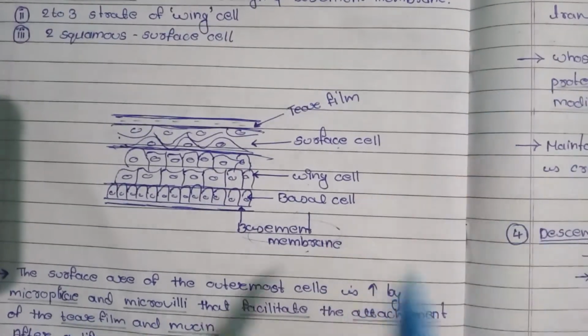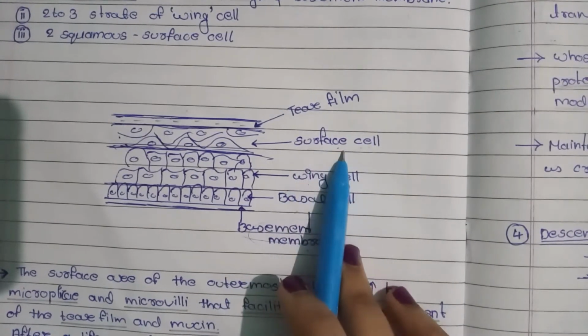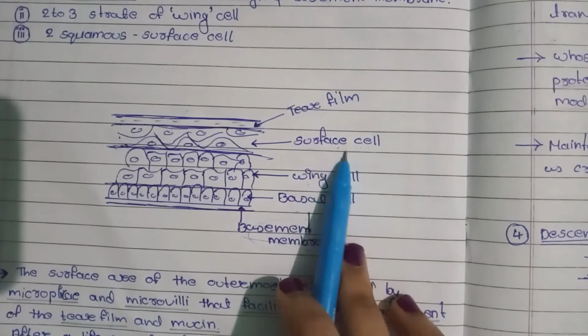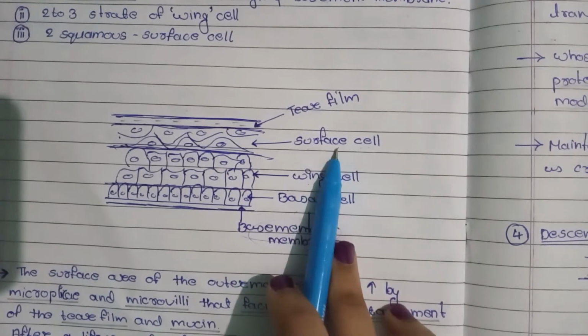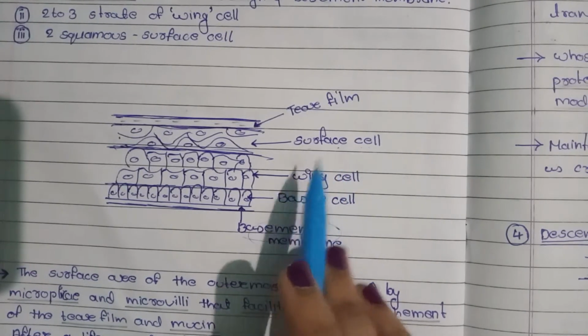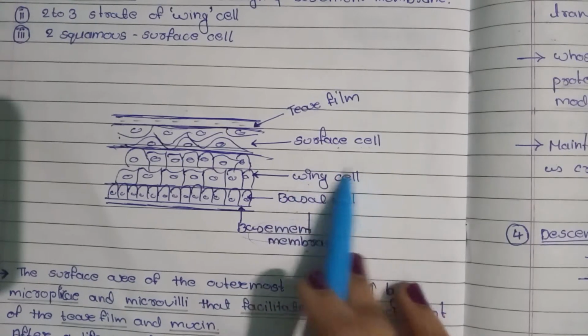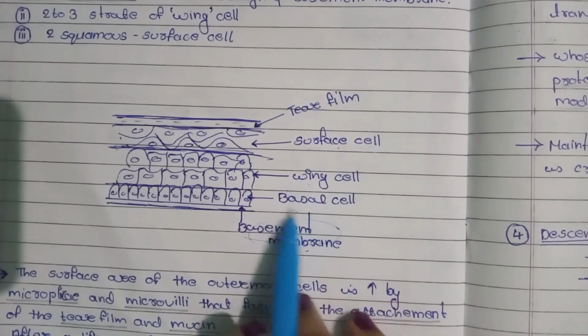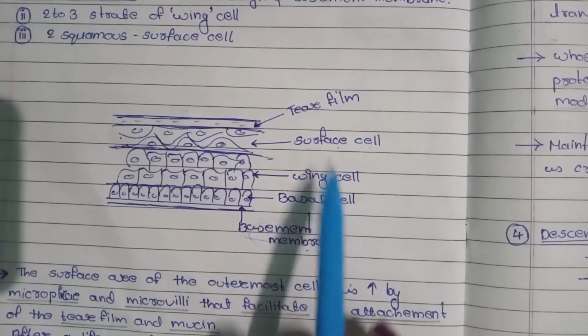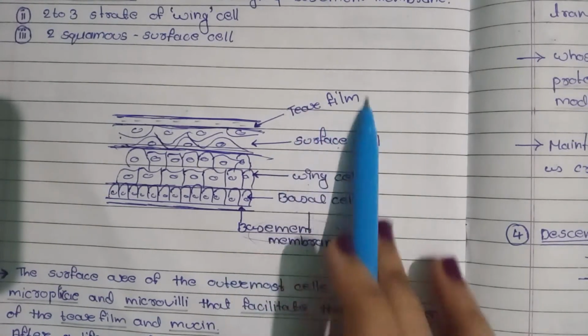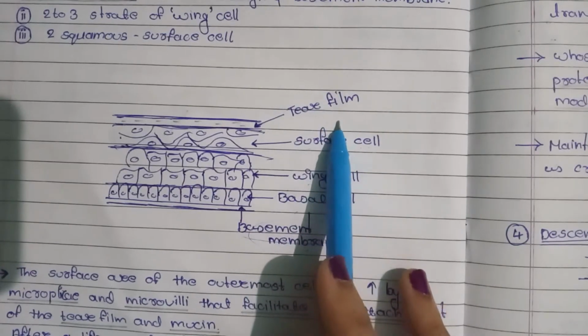Here I have drawn the diagram for the understanding. See, this is the surface cell, which is also called the flattened cell. This is the outermost layer. After the surface cell there is the presence of wing cells, then basal cell, and here the presence of basement membrane, and here the presence of tear film.